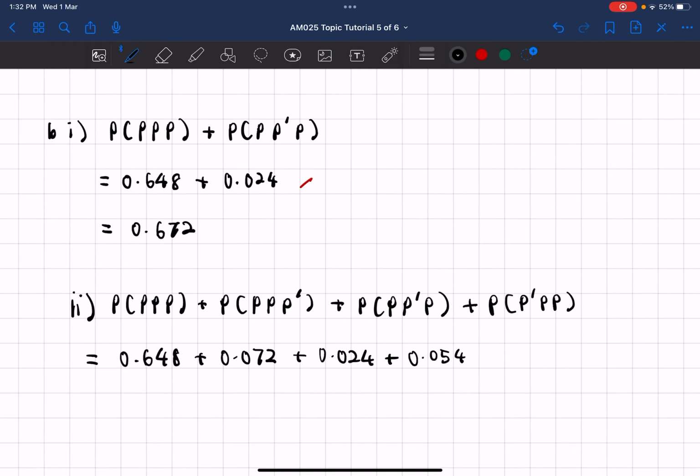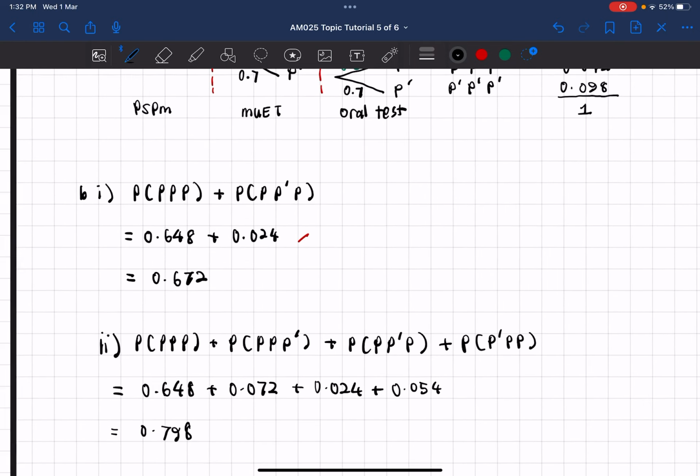So if you find the total, you're going to get 0.978. Okay, so that's it.